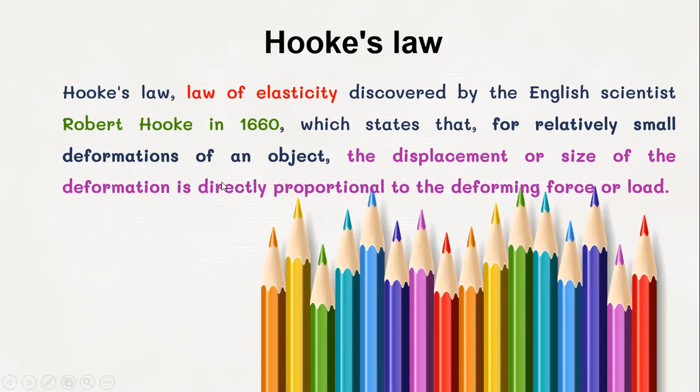So if you give an external force to a body, the deforming force or load is directly proportional to the size of the deformation. This is the statement of Hooke's law.